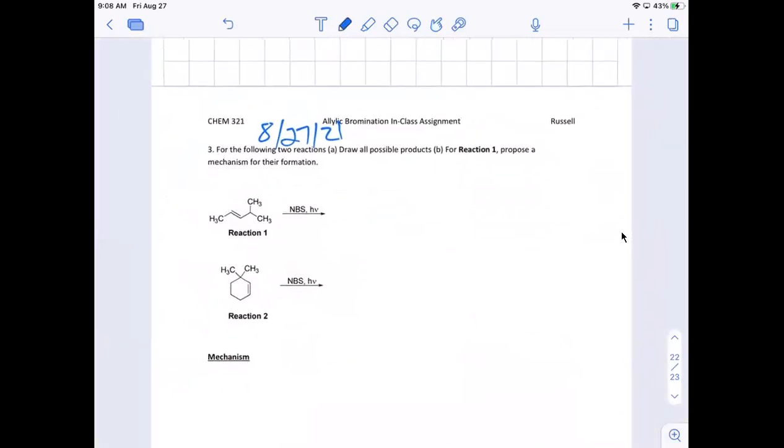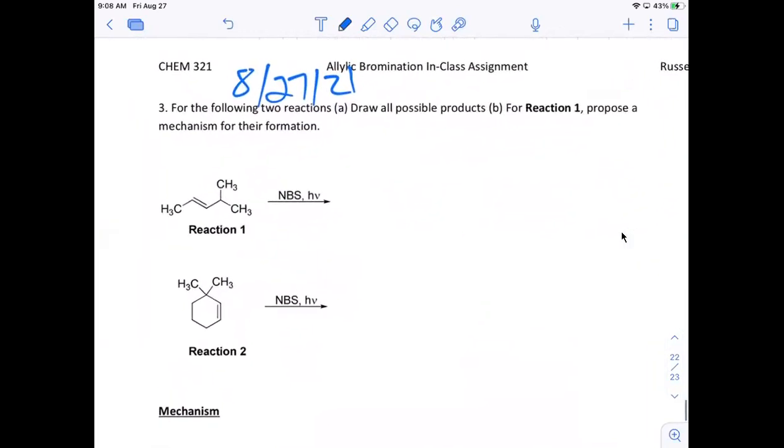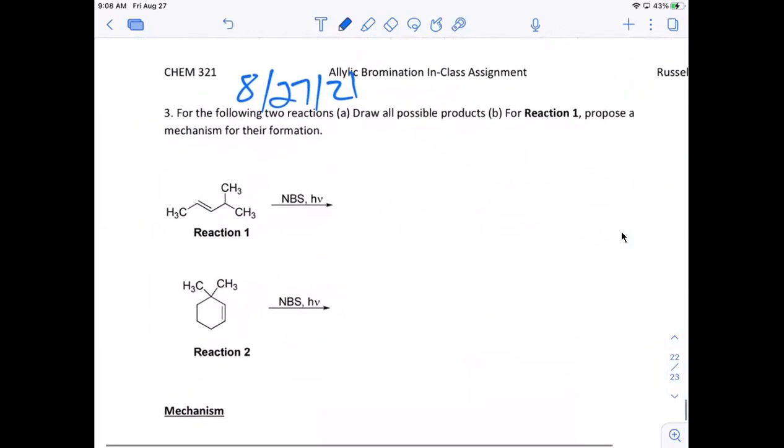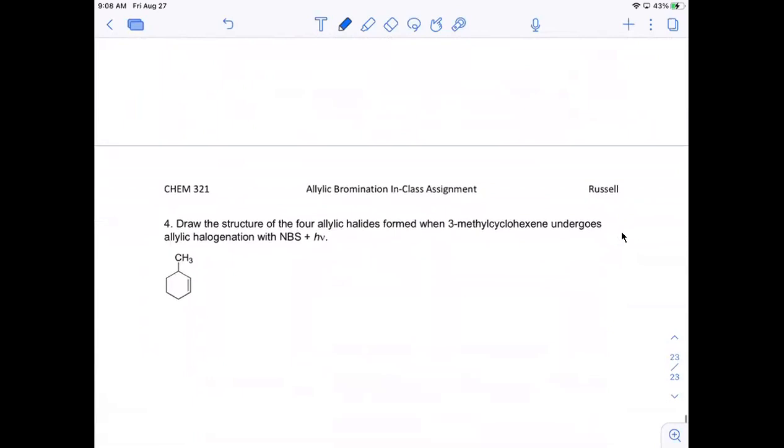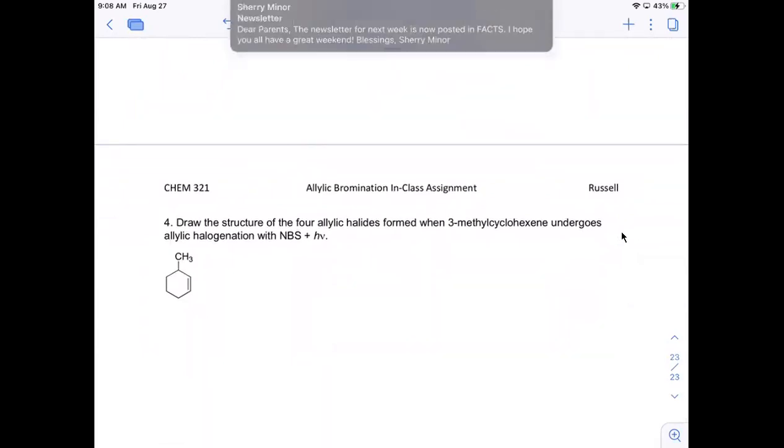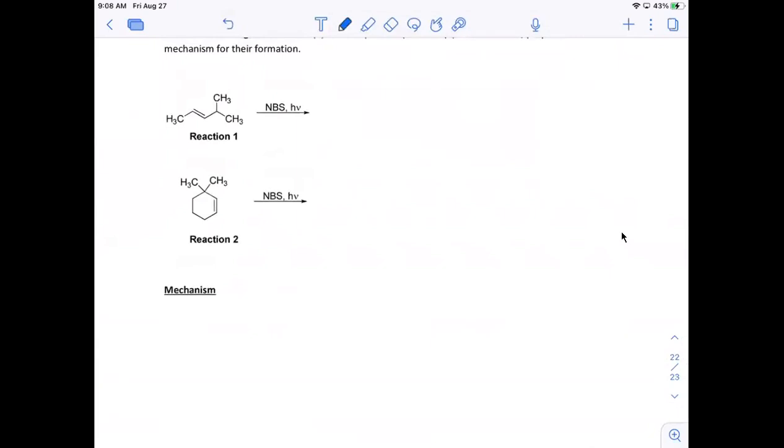I'm going to have to cut this out, but it says, for the following two reactions, draw all possible products, and for reaction one, propose a mechanism for their formation. We're actually going to do both and do the mechanism for both, and then that last problem.